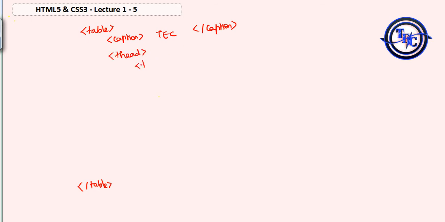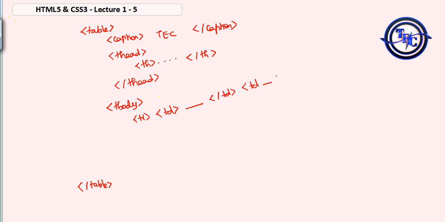Any header you can give within the h tag, close it, and close the t head. Similarly, you will have the t body, within which you can have how many rows or columns. Like td, first column, and this is say second column, and finally you have to close this tr tag.